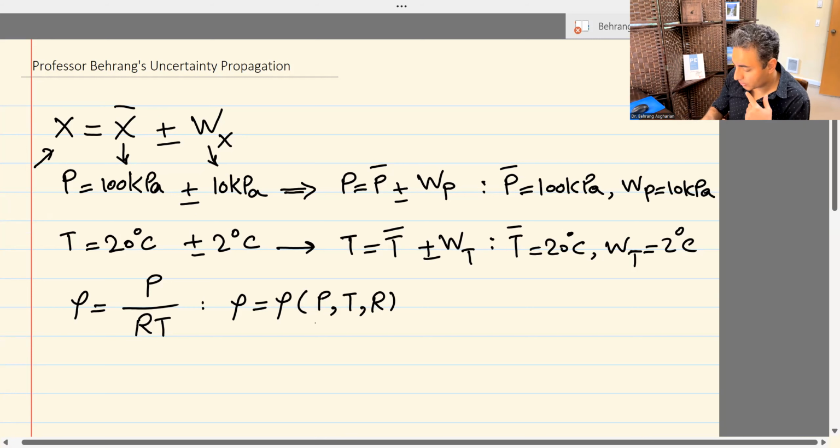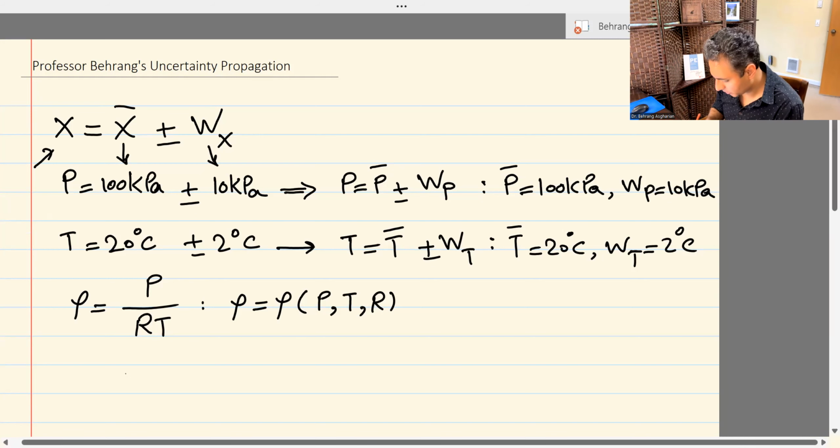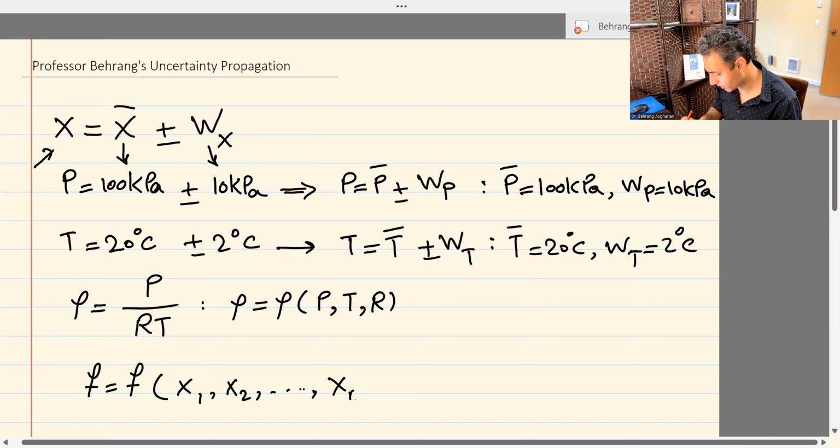Now, going back to the beginning of it, this can be applied to any function. You can have a function f, and f could be a function of a bunch of different variables, x1, x2 to xn, right? In our case for density, basically, density was a function of two things because R was a constant number.